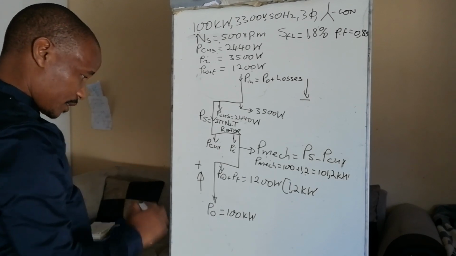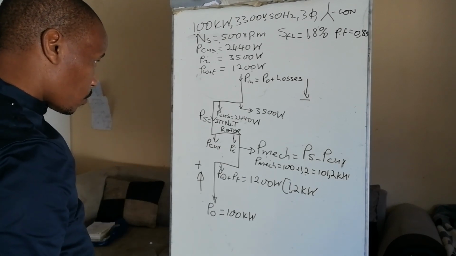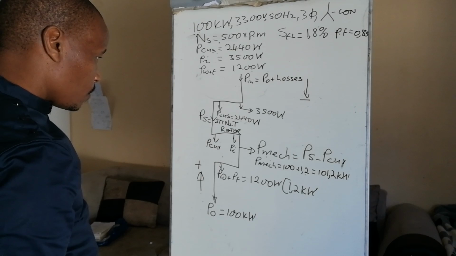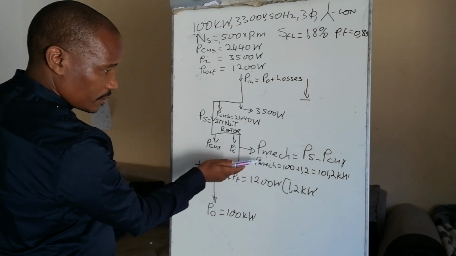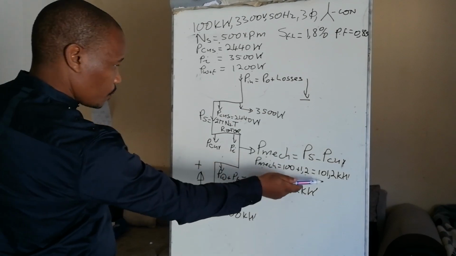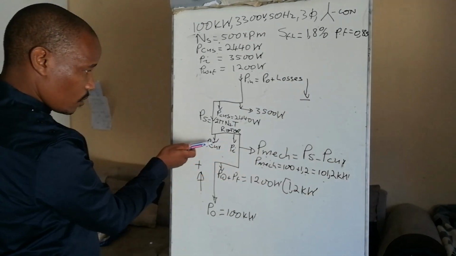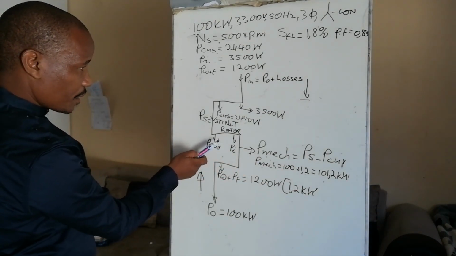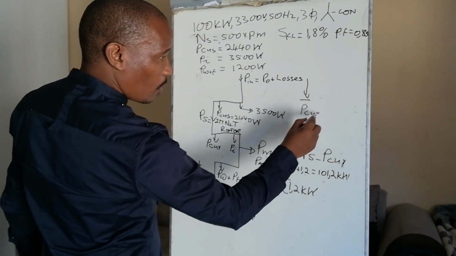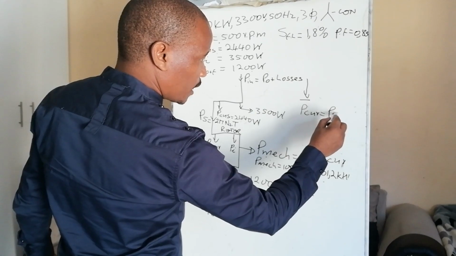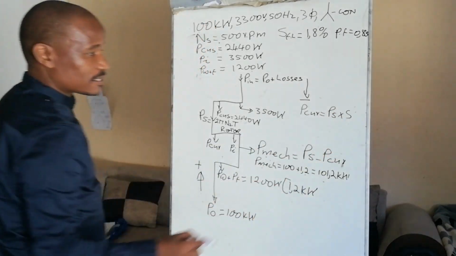Let's look at what's going on here. We calculated the mechanical power. We got that. Now, we will say the rotor copper losses is equal to the synchronous power multiplied by slip.